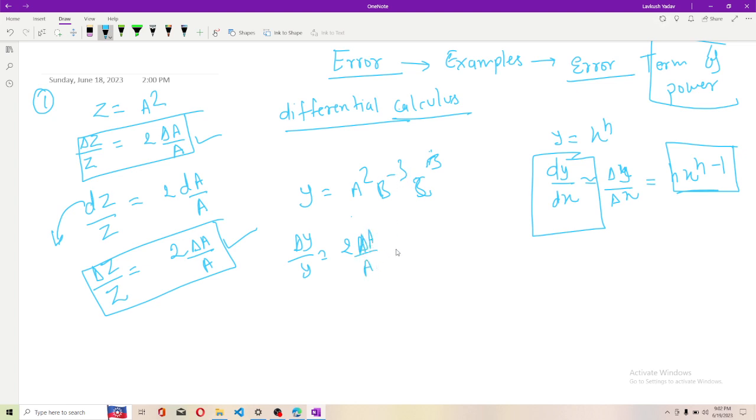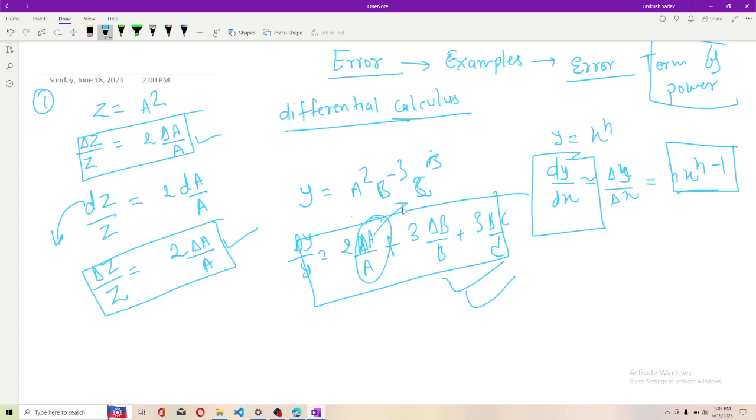Here it is minus, but if we are taking it in terms of error, then we will take it positive: 2 delta b upon b plus 3 delta c upon c. This would be the error. Now we will know the error in a, error in b, error in c. If we want the percentage, multiply by 100. In every quantity, you just multiply by 100, and you will get the result.